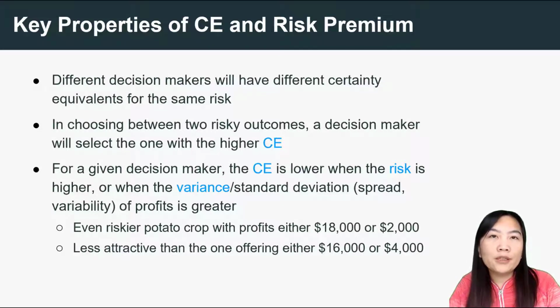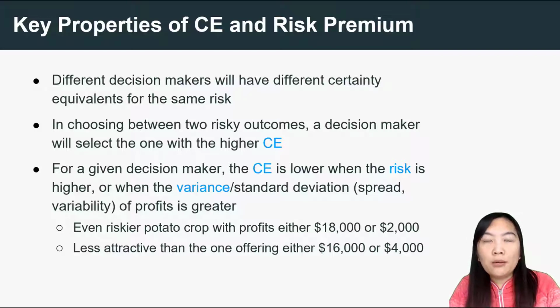First, different persons might have different CE, even for the same level of risk, so everyone might have a different risk preference. And when the person is choosing between two risky outcomes, usually the person should choose the one with a higher CE. That's a decision criterion.